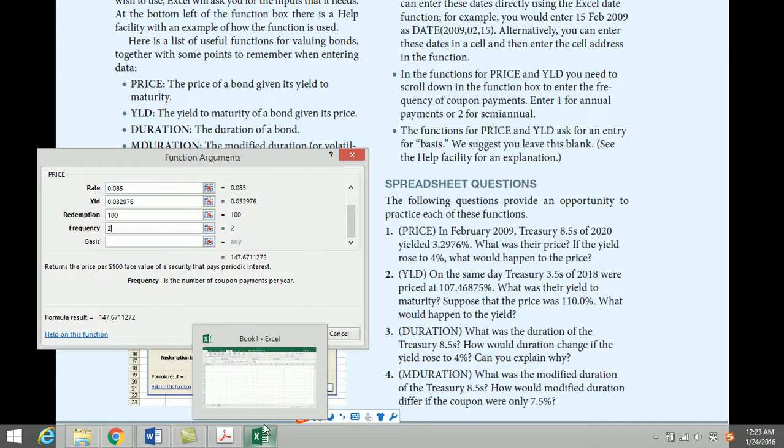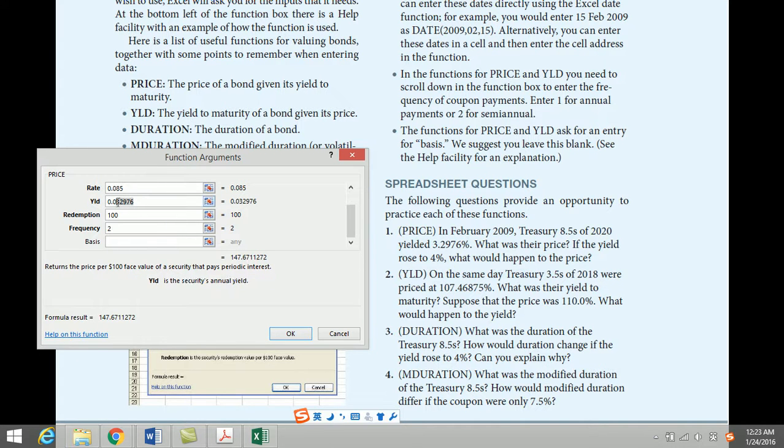So Excel gives us the current price, if we buy it, would be 147. Now if the yield rises to 4%, we can expect what? If the interest rate rises, the bond price will fall.